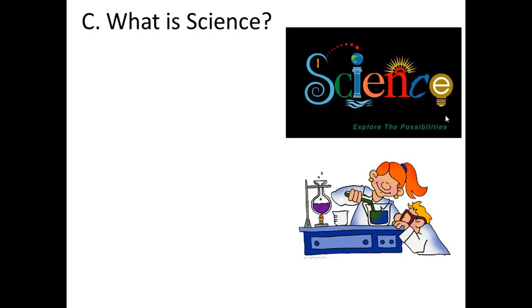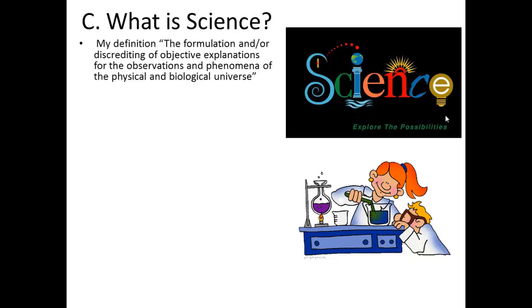So one thing we have to kind of backtrack and talk about, as we talk about biology, is this concept of what science is. So my definition, and this is the one I want you to know, is the formulation and or discrediting of objective explanations for the observations and phenomena of the physical and biological universe.